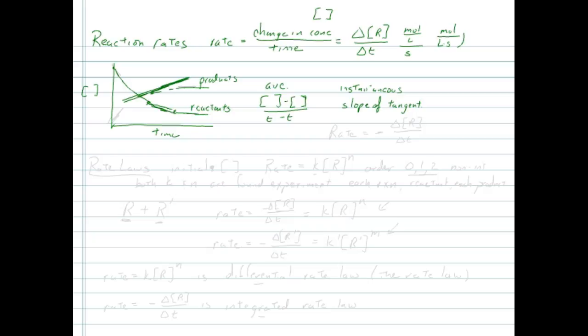The rate changes with time. If you notice, the slope here is steeper, the slope here is almost zero. So as time goes on, the rates change. Usually they slow down on both sides.